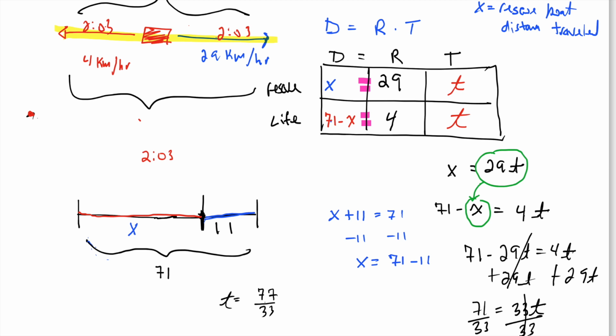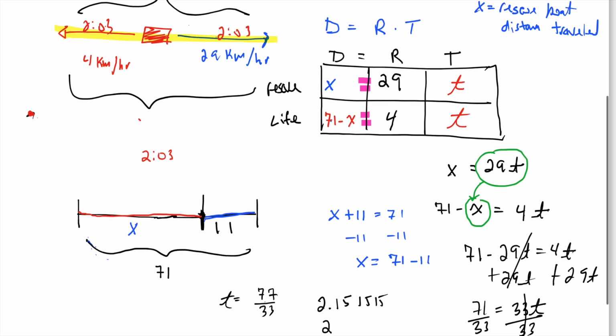So 2.151515. All right, so then it's 2 hours and 0.15151515 of an hour.